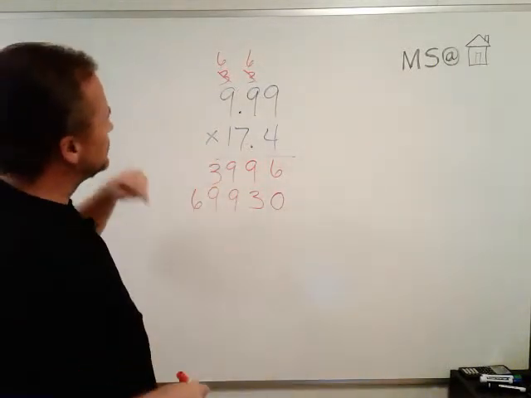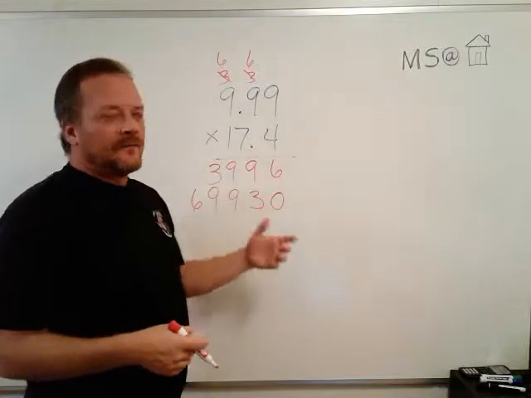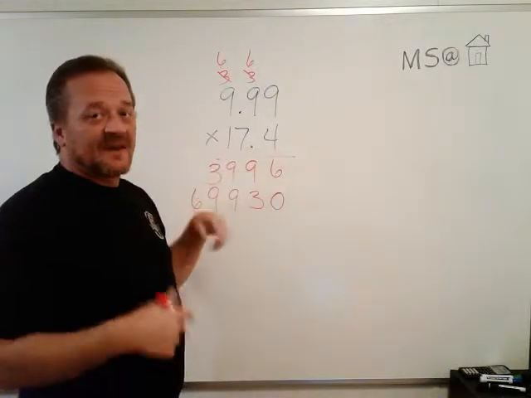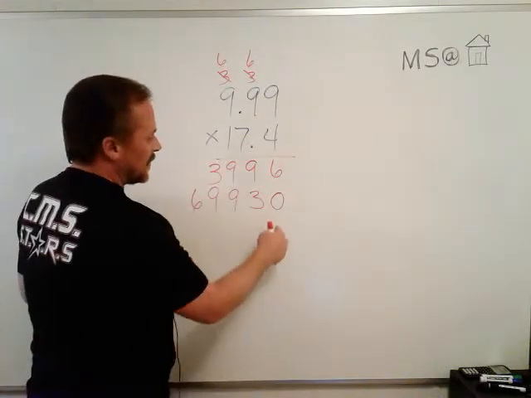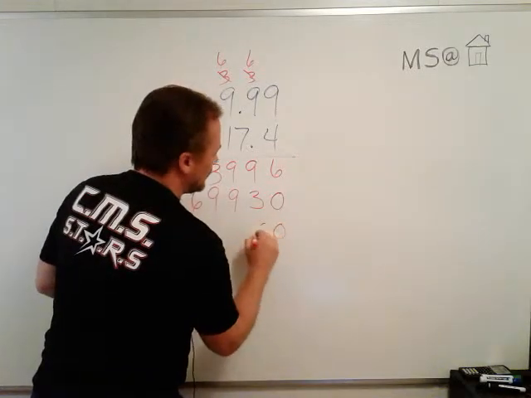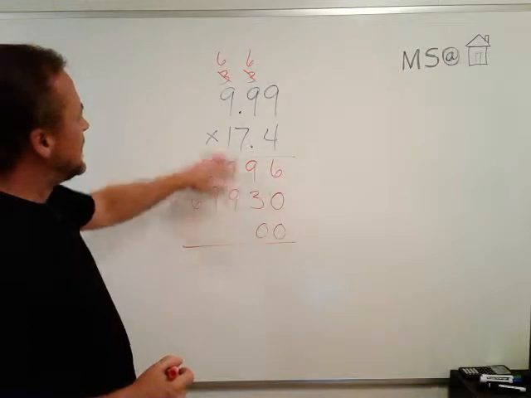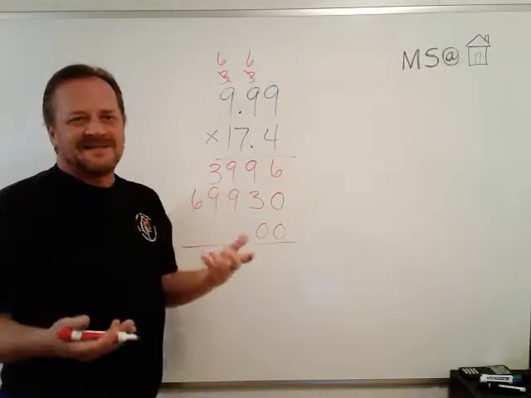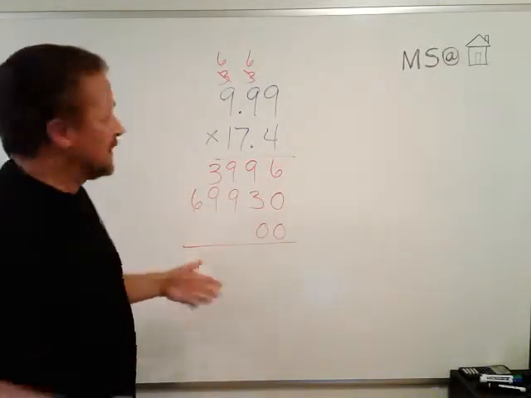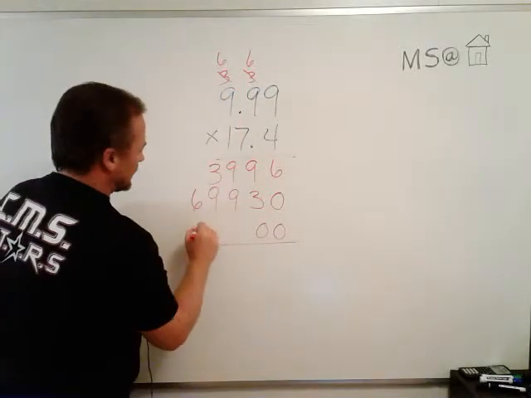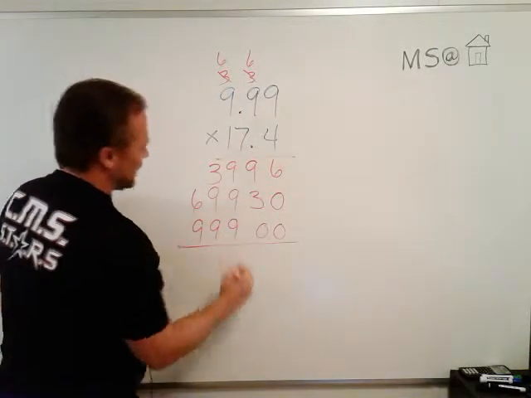Okay, so there's 7. Now, if there wasn't a decimal here, this one would be in the hundreds place, so we're not going to put anything in the ones or the tens place. Put placeholders for those two place values. 1 times $9.99, that's easy. It's just $9.99, right? So we can actually just fill that in.